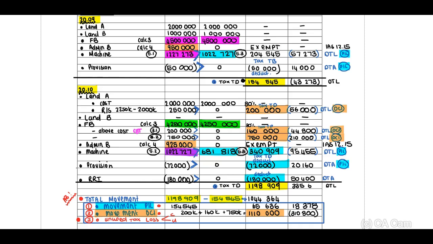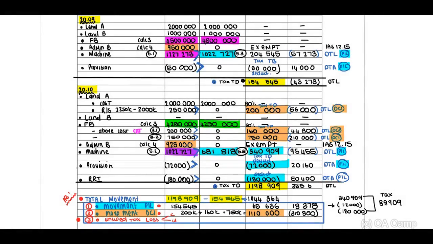Deferred tax asset also through our profit and loss. And when you look at the right side of your screen, I've included the calculation. This is a total of 88,090. Therefore, minus 88,090. And you need to identify that this is a decrease in our taxable temporary difference.